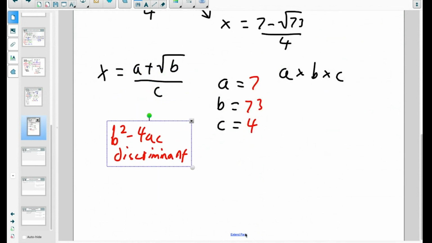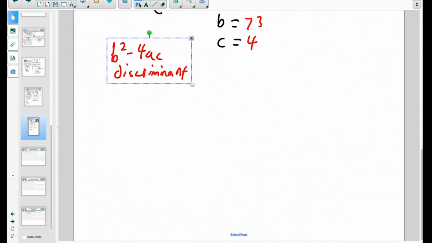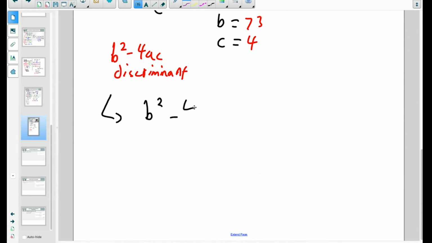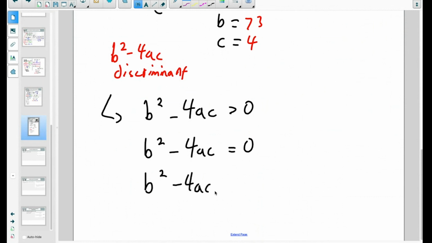So b squared minus 4ac is what we call the discriminant, and it tells us one of three things. So if you have b squared minus 4ac is greater than 0, b squared minus 4ac is equal to 0, and b squared minus 4ac is less than 0.